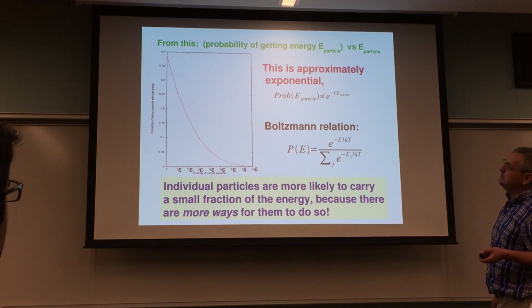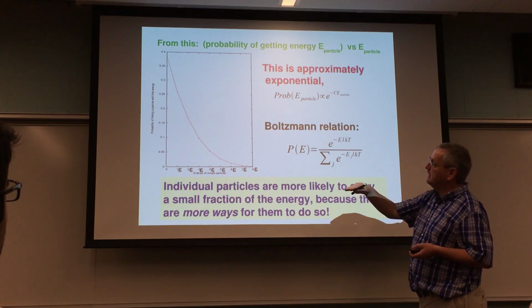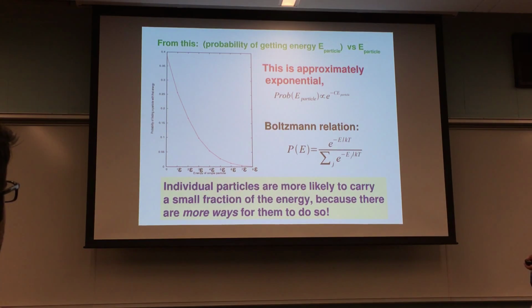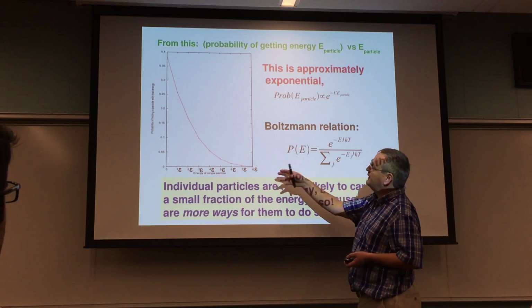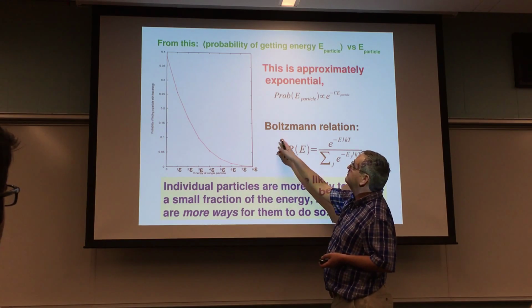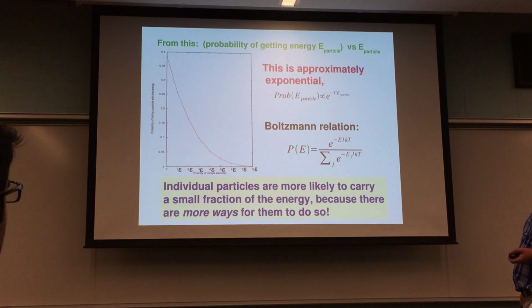We can then get the distribution of the particles in the individual levels, and we can get much more, all the thermodynamics. So the distribution of particles in individual levels, if they are distinguishable, we get the Maxwell-Boltzmann distribution, or Boltzmann if you want.